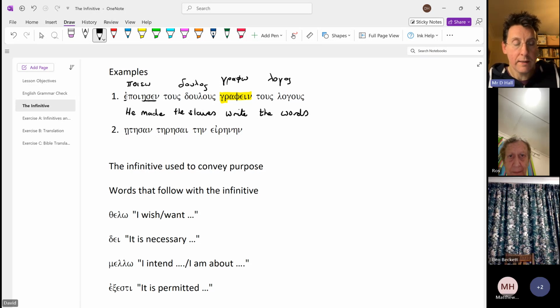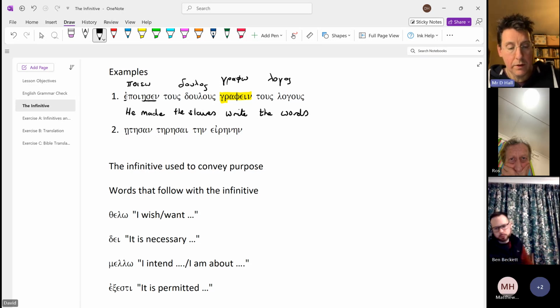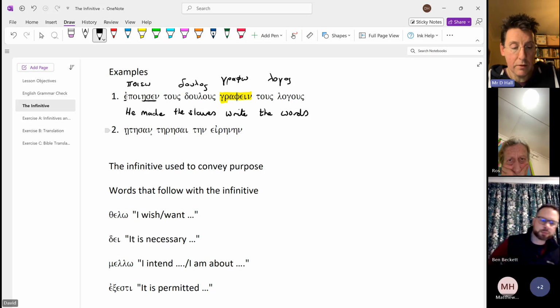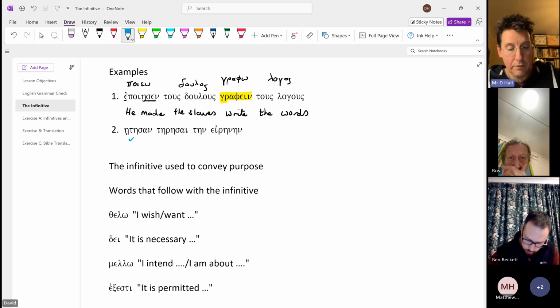So we've got erotesai, and this is one of those words which you kind of need to just get used to spotting. The front here, which has got an epsilon added to the verb, which I'll write underneath, I'll do it in a different color. It's actually from eroto, which is to ask.